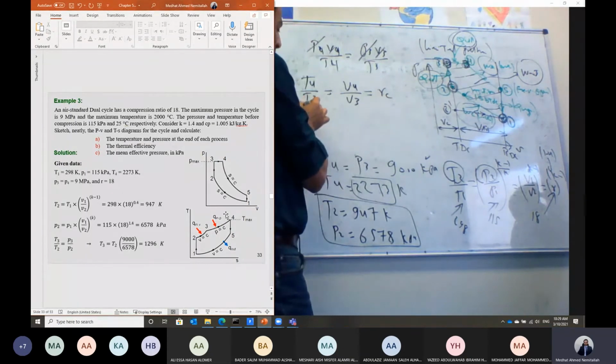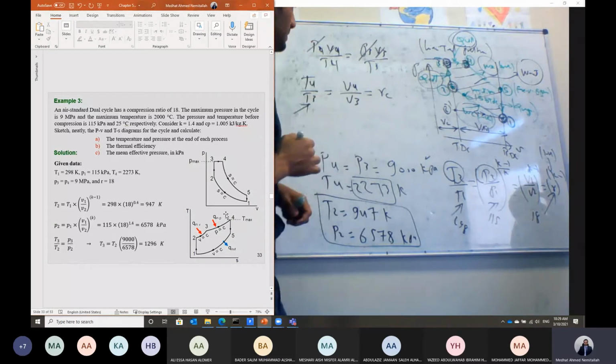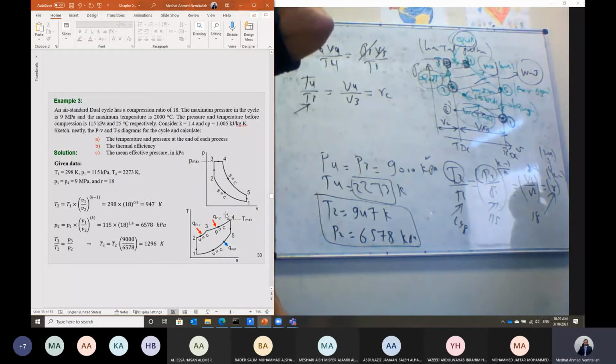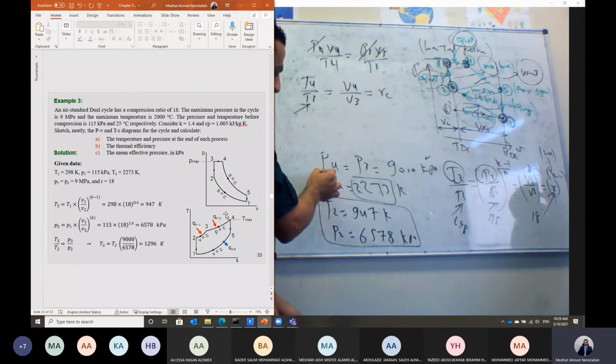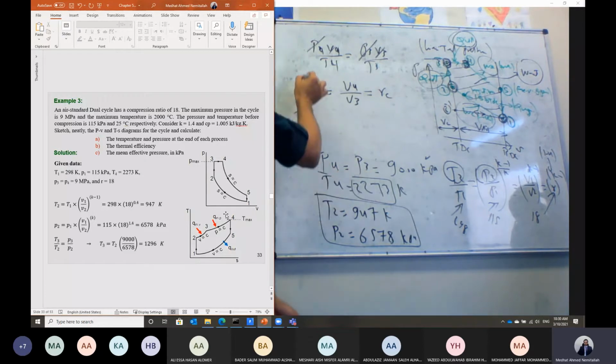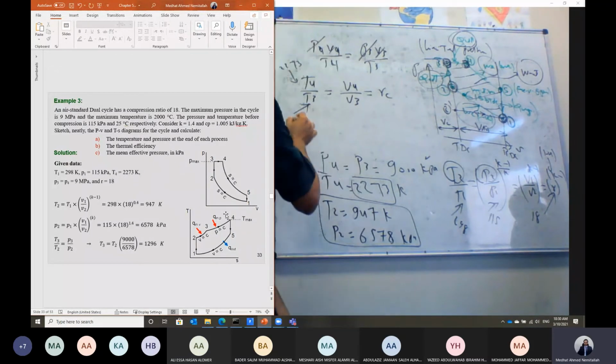Okay, so we have the value of RC. We have calculated the temperature T3. We already have the temperature T4 given, which is 2,273, and we have calculated the temperature T3, which is equal to 1296 in this case.